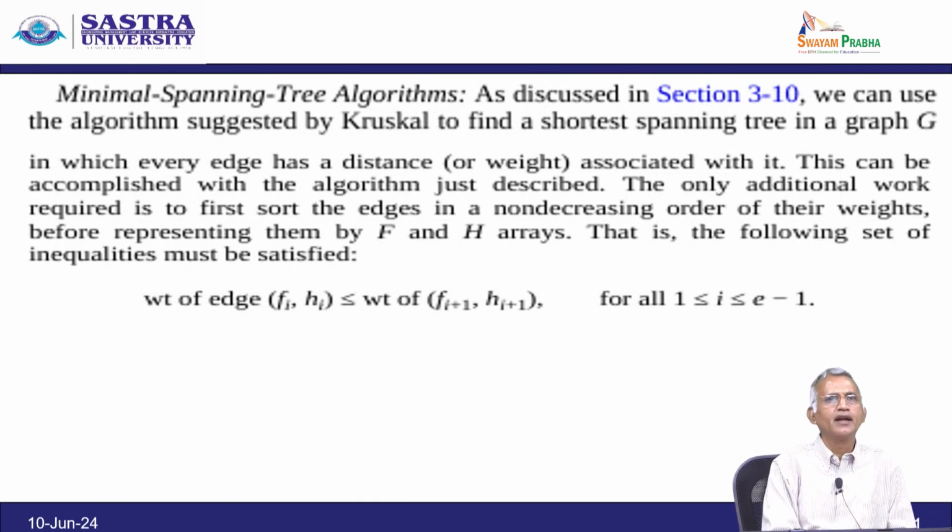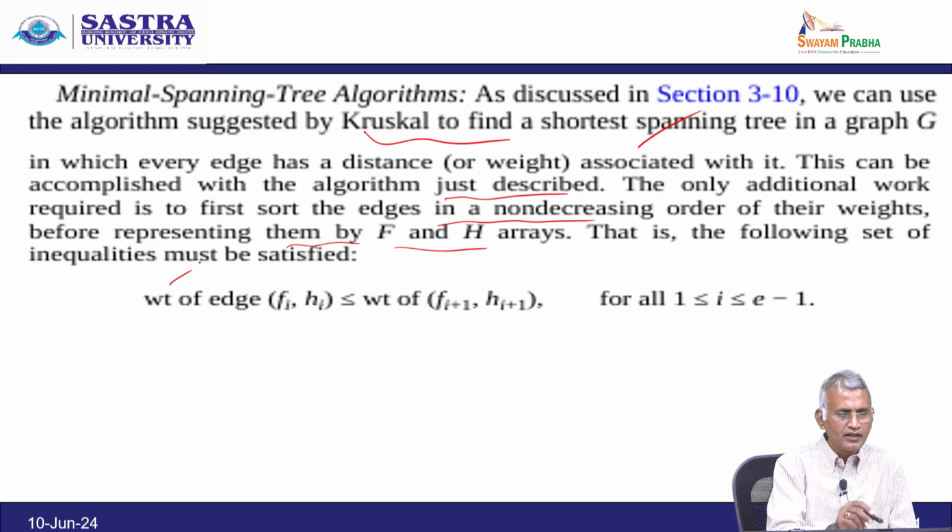Next, the minimal spanning tree algorithm. As discussed in this section, we can use the algorithm suggested by Kruskal to find the shortest spanning tree in a graph in which every edge has a distance or weight associated with it. This can be accomplished with the algorithm just described. The only additional work required is to sort the edges in non-decreasing order of their weights before representing them by f and h arrays.